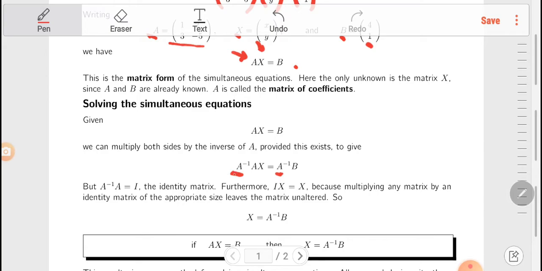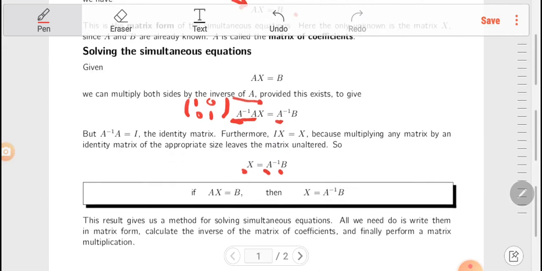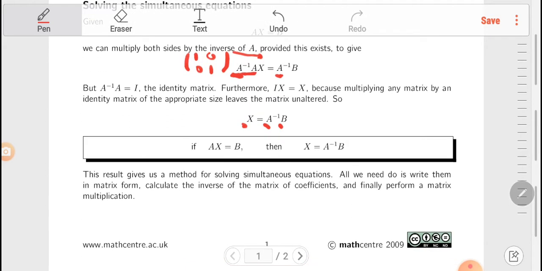A negative 1 times A becomes the identity 1, 0, 0, 1, which multiplied by the matrix X becomes the same matrix X. But the inverse of the matrix A, we have to multiply by the matrix B. Before multiplying them, we have to determine the inverse of matrix A.